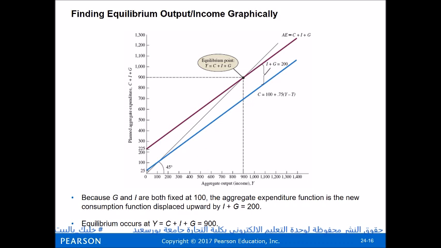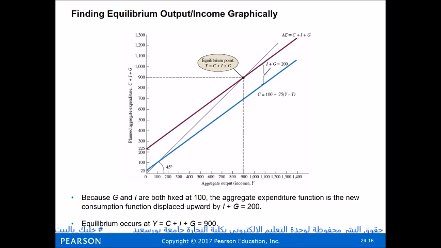As you can see, equilibrium occurs when the aggregate expenditure line shown in dark red intersects the 45-degree line. And because G and I, or government spending and planned investment, are both fixed at 100, we see that the aggregate expenditure function is the consumption function displaced upward by an amount equal to the sum of I and G, which is 200.